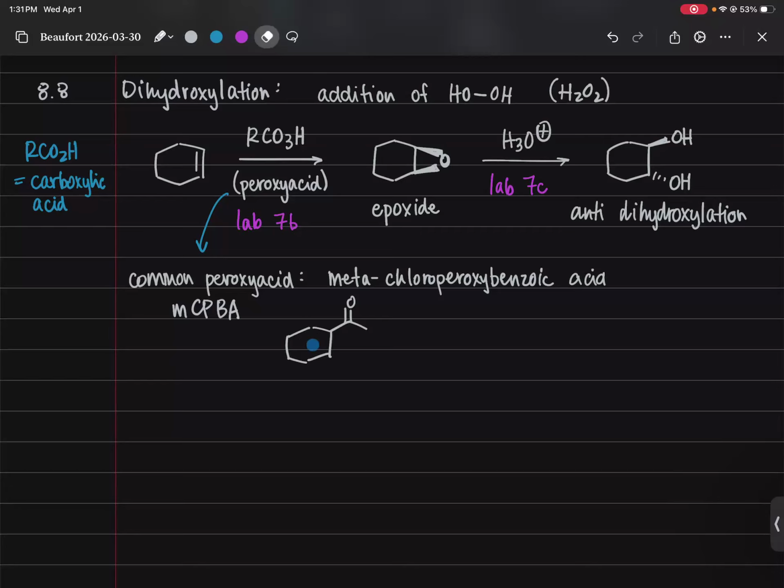If it was just regular benzoic acid, it would look like this with an OH attached to the carbonyl. But for a peroxy acid, we're going to add an additional oxygen, that O in between. And it's meta-chloro, so that goes there.